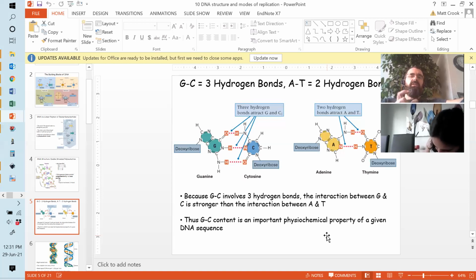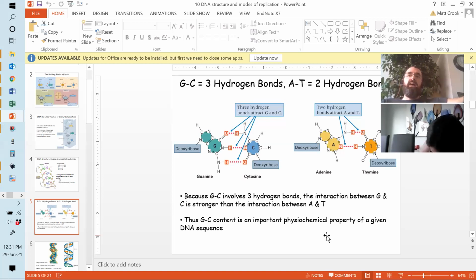It's not a massive difference, but it's a small but important difference. So if you want to more easily break open a bit of DNA, you would expect there to be more A's and T's there because it takes essentially 2/3 of the energy that it would if it was G and C's, right? So if you bend DNA in a particular way, you can actually pop open the 2 strands.